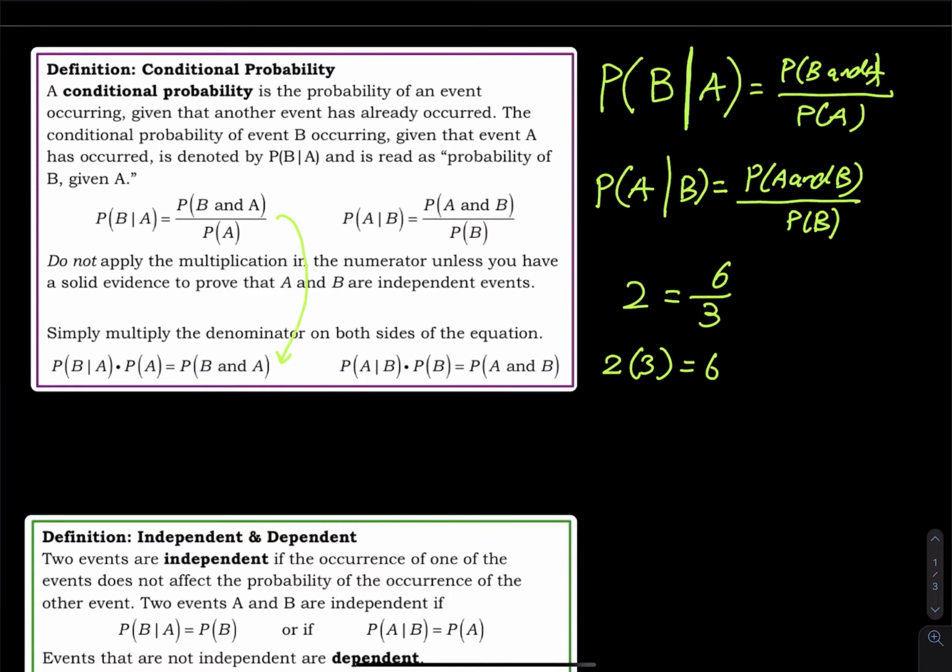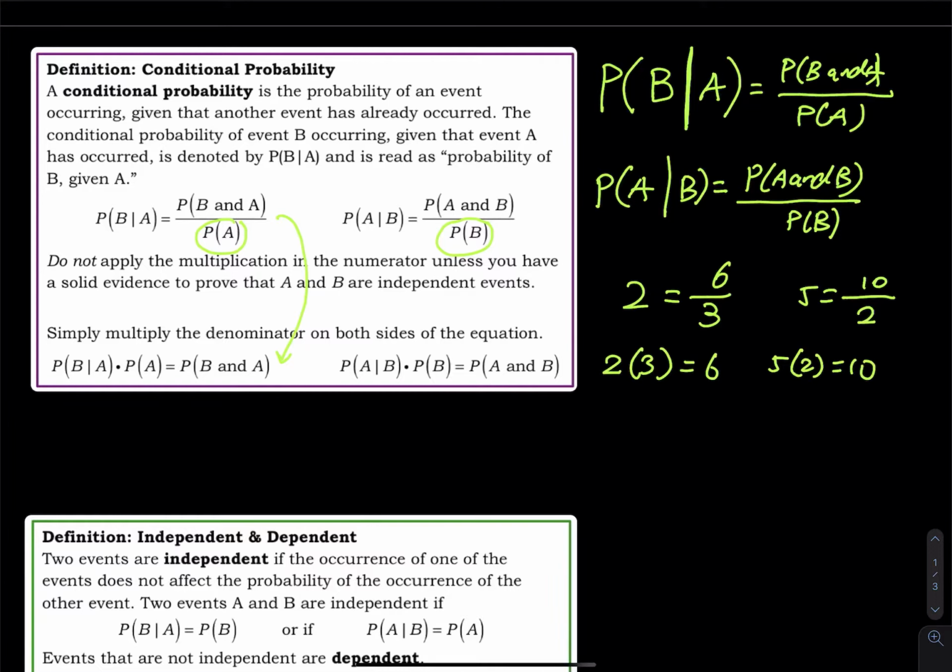So if you multiply P(A) on both sides, then you have the conditional probability times P(A) equals P(B and A). Likewise, if you multiply P(B) on both sides, let's say you have 10 divided by 2 equals 5. You multiply 2 on both sides, then 5 times 2 equals 10.